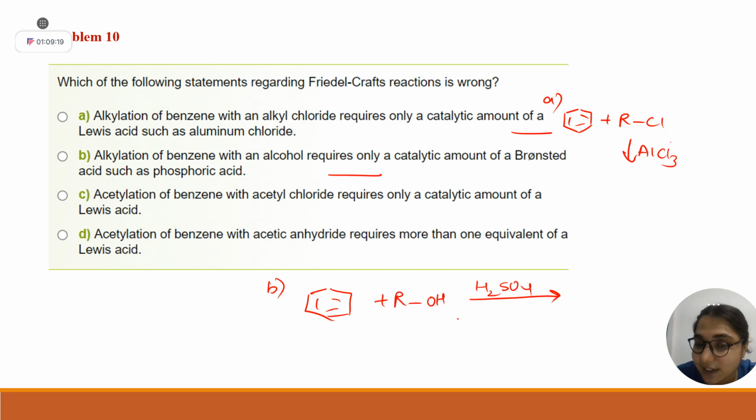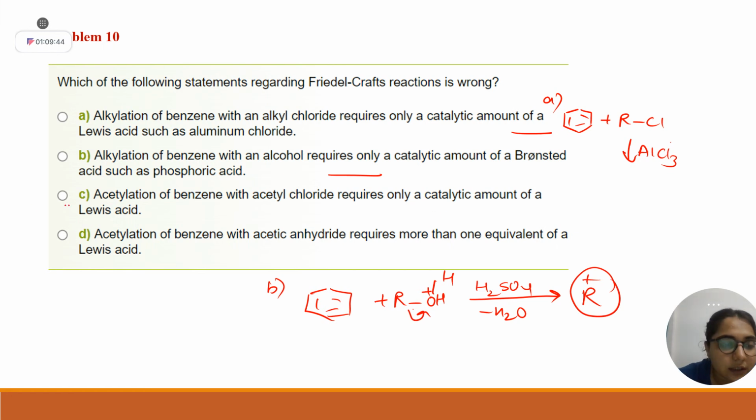This is not your sulfonation. R plus, very good. This is acid. What is the basic function of acid? To give H plus. So it will protonate this, oxygen will carry positive charge and it will leave as minus H2O and the active electrophile will be R plus. Yes or no?